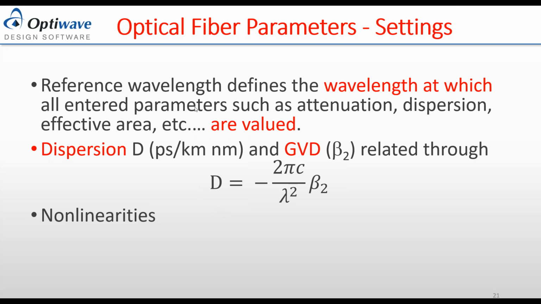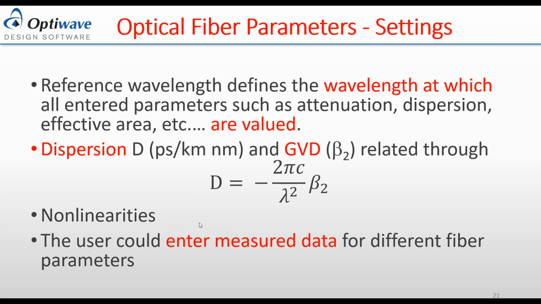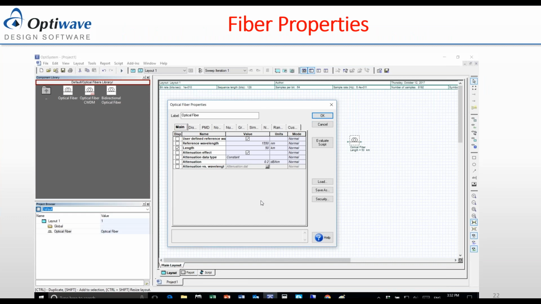So we talked about how to set up the parameters of the fiber, and talked about the nonlinearities. Also, as I mentioned, the user can enter the measured data, either supplied by the vendor, or he can measure the characteristics of a certain fiber or certain component and enter it in the simulations.